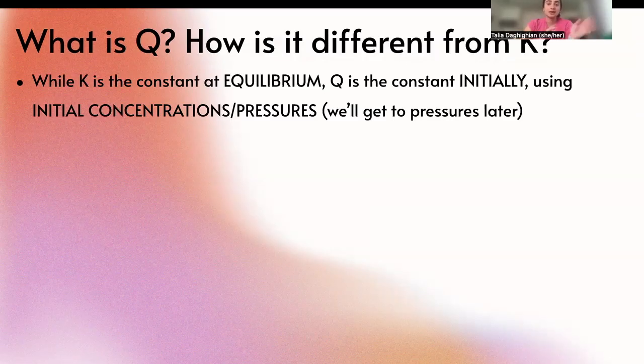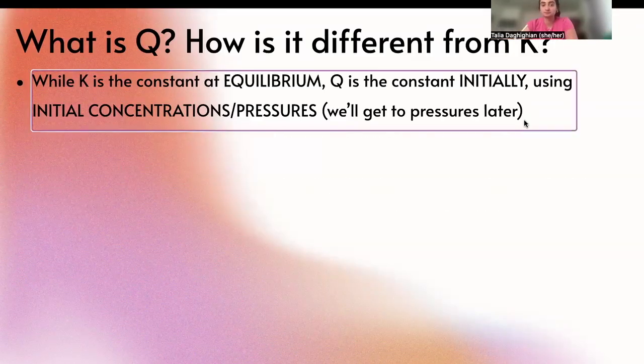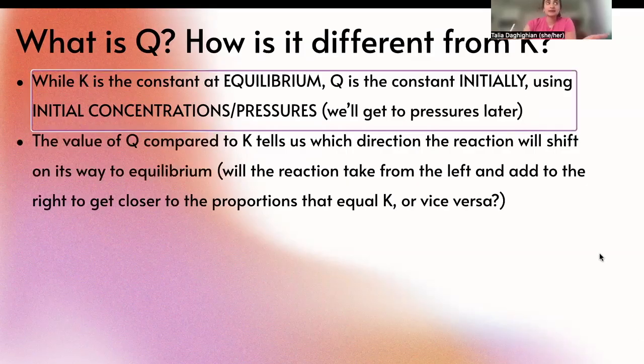And we'll talk about calculating the equilibrium constant with pressures in a future video. But the big idea is that K uses information at equilibrium and Q uses initial information. And we can compare the value of Q to the value of K to tell us which direction the reaction will shift to get into equilibrium.